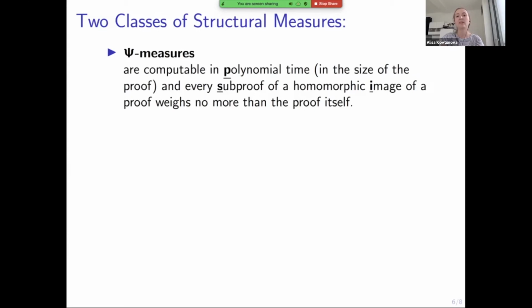And for every subproof, if we consider proofs which were derived by removing vertices or by merging them, the weight, the measure of the new proof should not increase. It is also quite an intuitive notion if you consider vertex size as a measuring function. If you remove some vertices, the proof shouldn't be more complicated to understand.